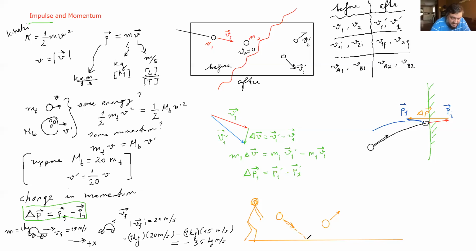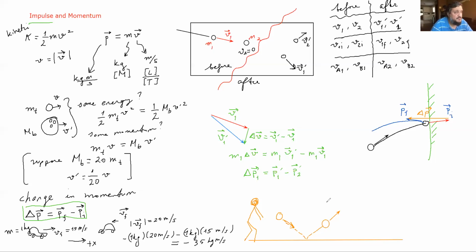This is where it bounces. Okay, and I'm kind of ignoring the projectile nature of the ball because it's going to be a parabolic path, not a straight line. I'm just drawing the velocities right before and after the collision.